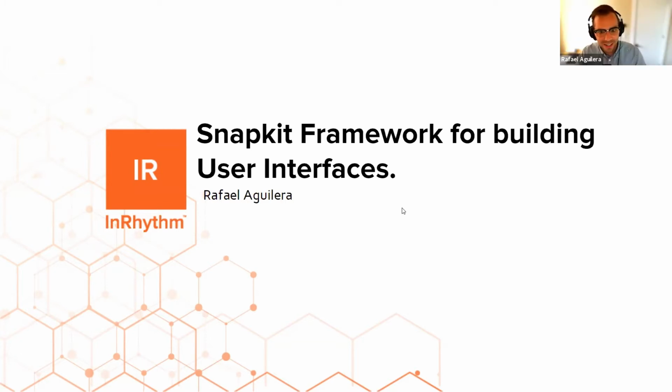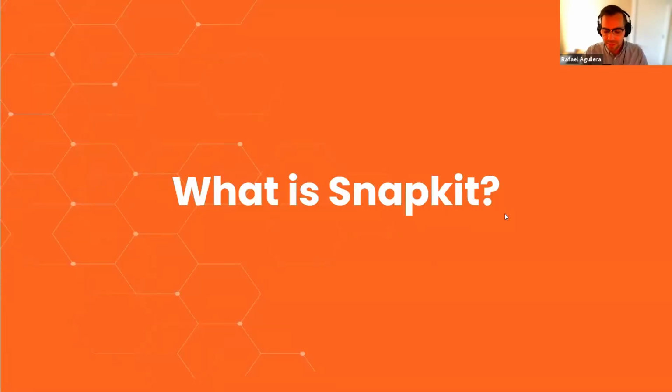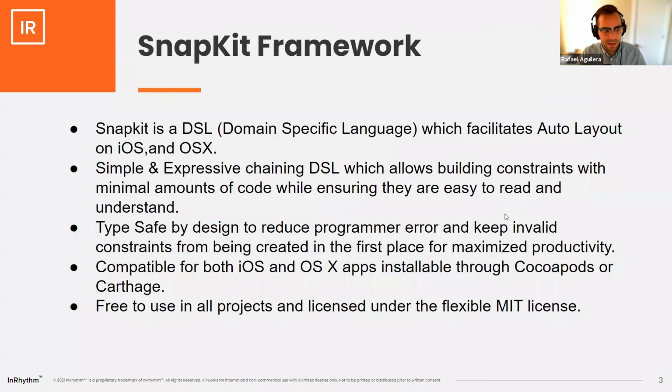Great, thanks. All right, so today I'm going to be showing you a bit of Snapkit. And so let's get started. So what is Snapkit? Let's start there. Snapkit is, well, primarily first, it's a framework. It's also a domain-specific language, which means it's a way of writing something in a specific way that pertains only to a specific platform.